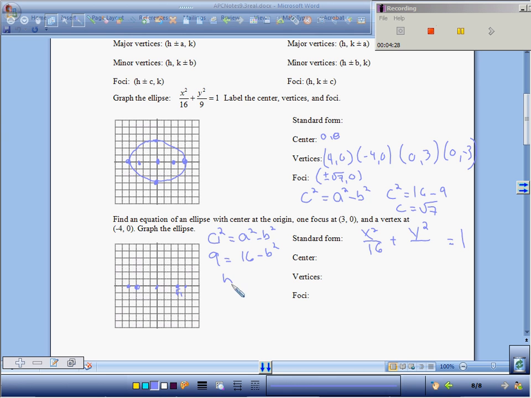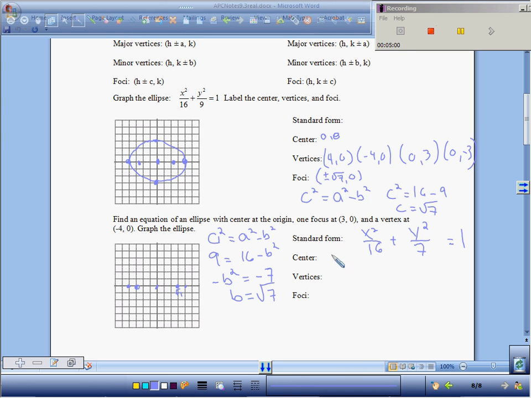So b squared equals 7. The answer isn't always square root of 7, but we already have b squared here, so it's just plain old 7. So that's what that one looks like. Is that saying 9 equals 16 minus b squared? Yes, and the 9 I got from the focus squared.